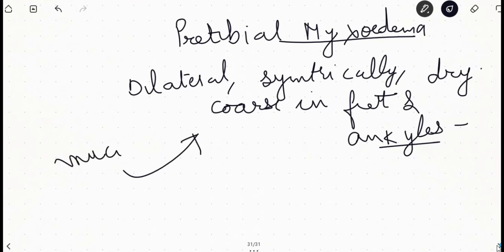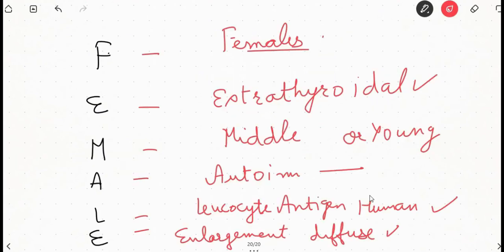It is associated with exophthalmos and a high level of thyroid stimulating antibodies. So remember, pretibial myxedema is seen in Graves' disease. Thyroid acropathy is the clubbing of fingers and toes in primary thyrotoxicosis.